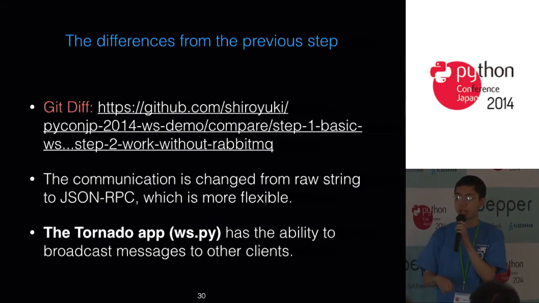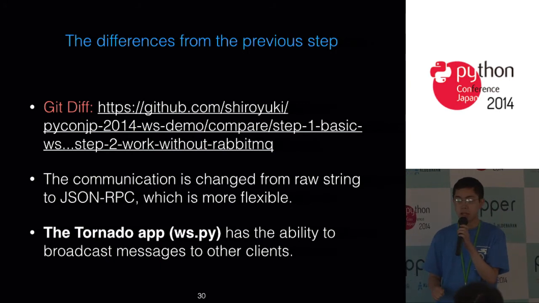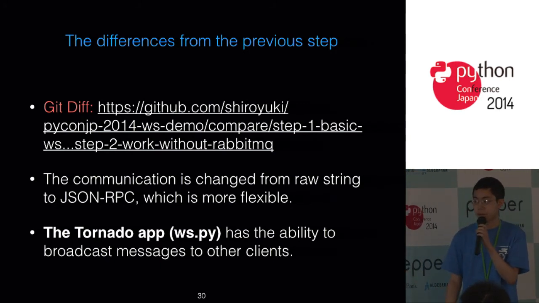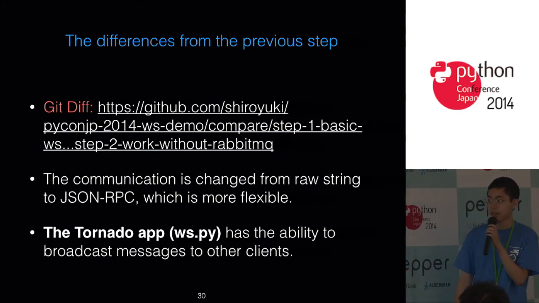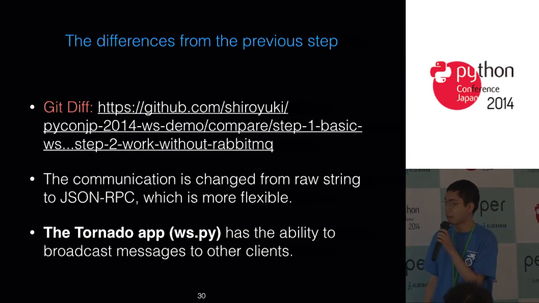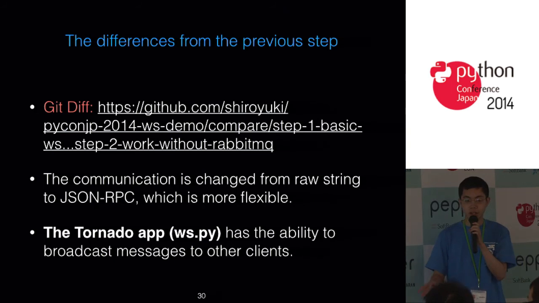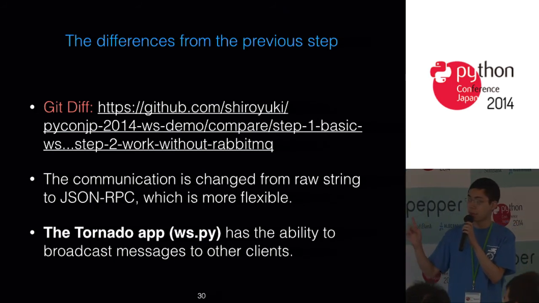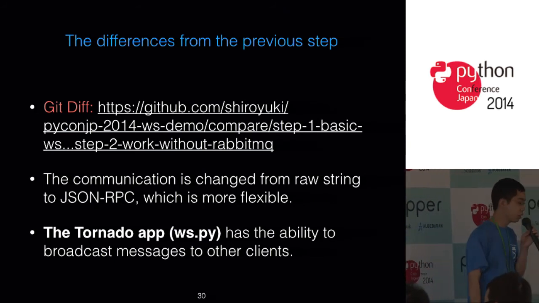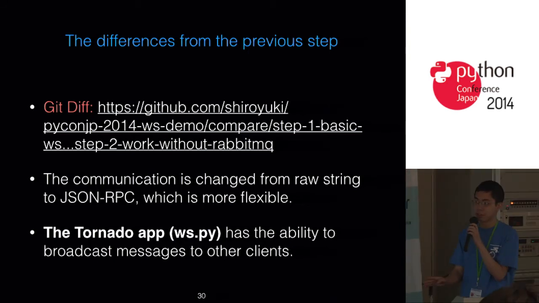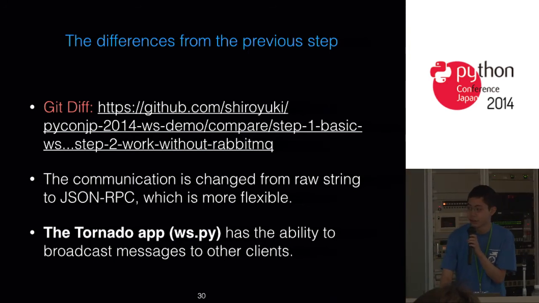Now it has changed to JSON RPC, but a simple one, not like the crazy one from XML RPC. And the Tornado app, which previously did nothing, now has the ability to broadcast a message to the other clients. Please remind me to show you that code too.